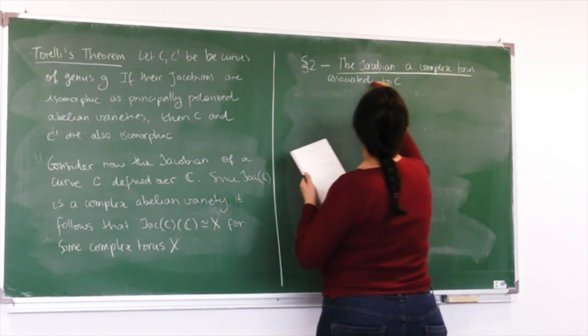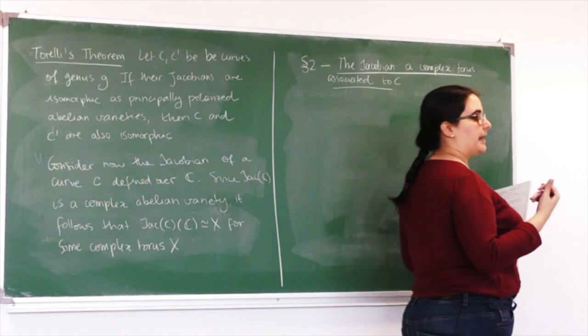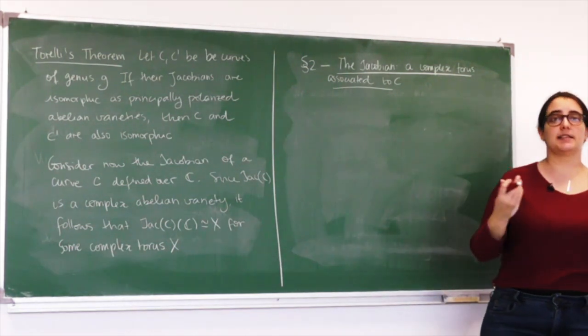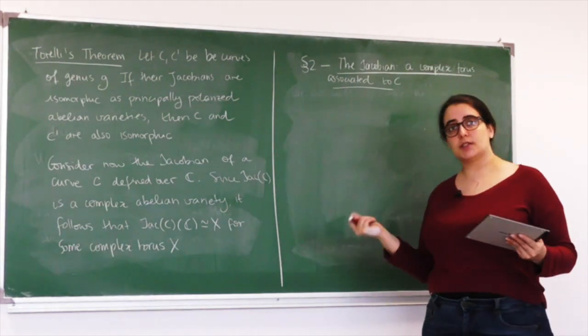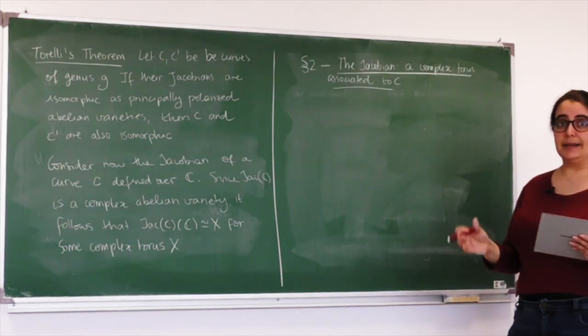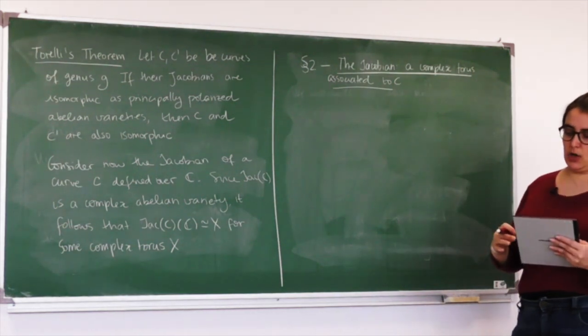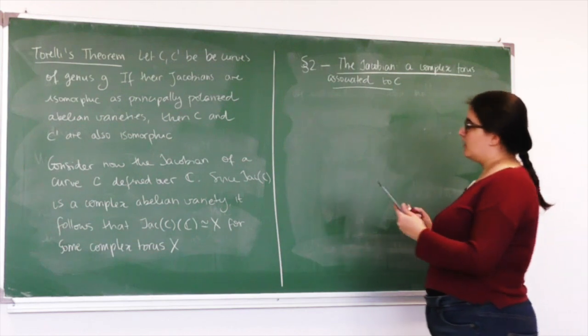So the idea for this second part is to explicitly generalize the construction that we already saw in the first session for elliptic curves, which would be the dimension 1 case once more.